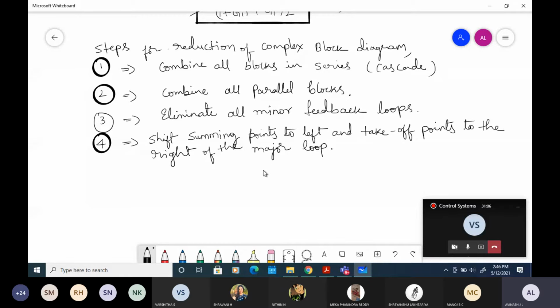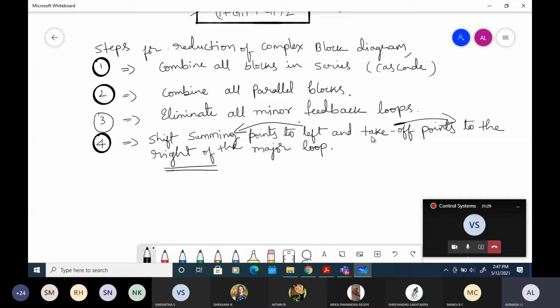So this fourth step is very important. Always try to shift summing points to the left and take off points to the right. Keep it in mind always. Summing points should be shifted to the left side and take off points should be shifted to the right side.